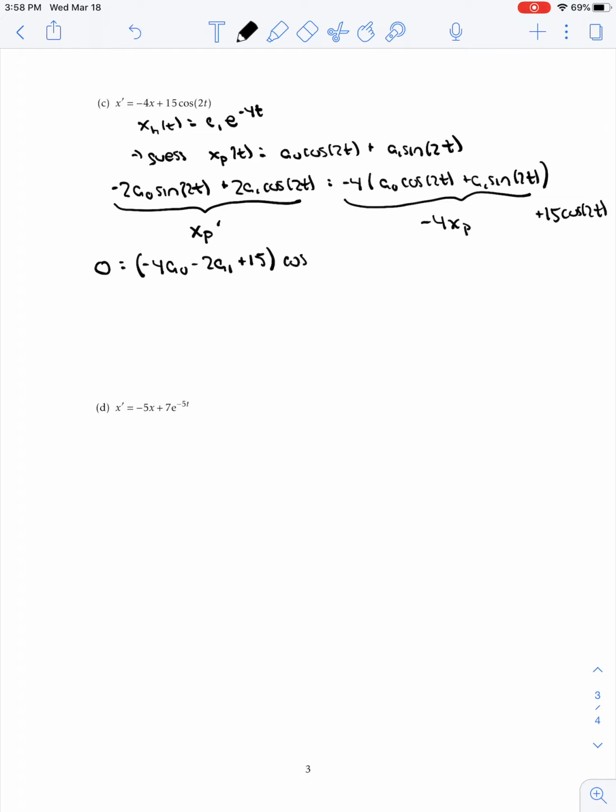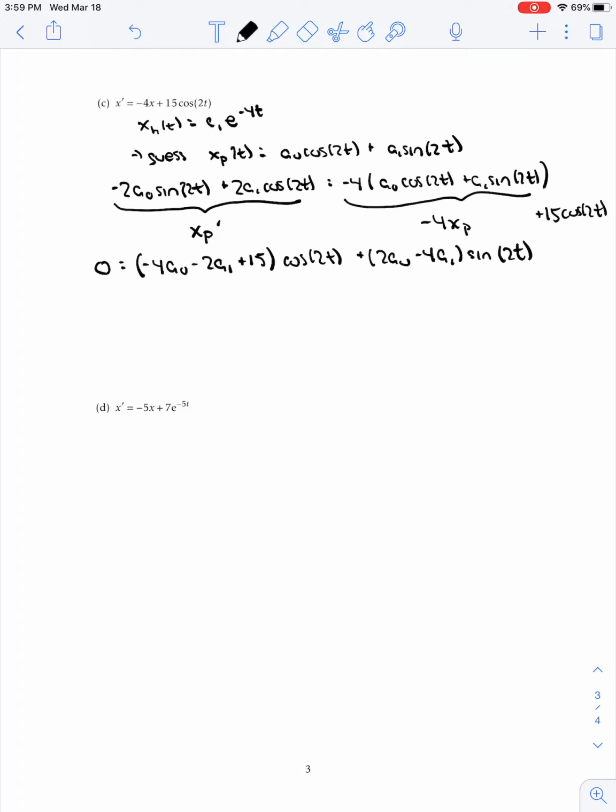Those are the cosine terms. And then I gather all the sine terms together. We get 2a naught minus 4a1. These are multiplied times the sine. And so this thing has to be 0.